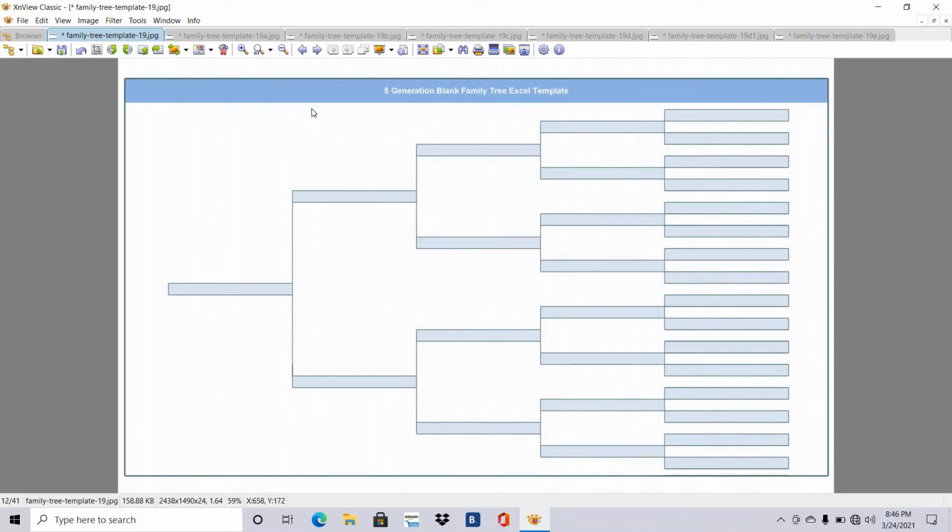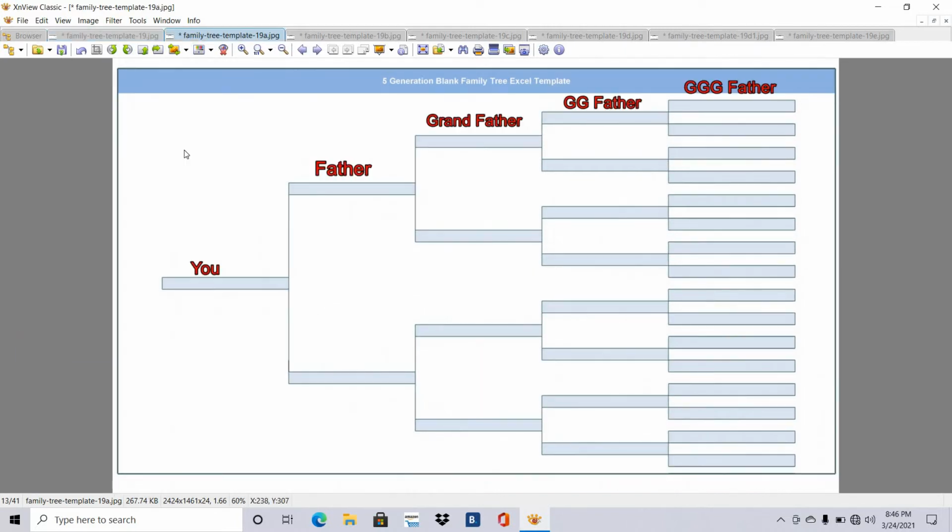So let me start by, I've set up some images here on a 5 generation tree, and this is just a basic free download. Basically, you would fill in your name here, and most people would call this their father, this their mother. So this is you, this is your father, this is your grandfather, this is your great-grandfather, and your great-great-grandfather.